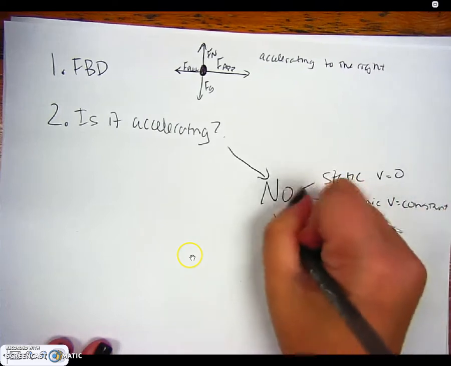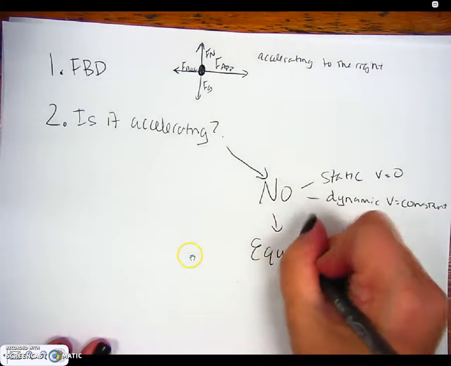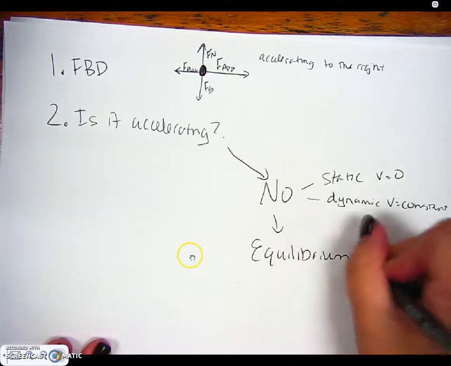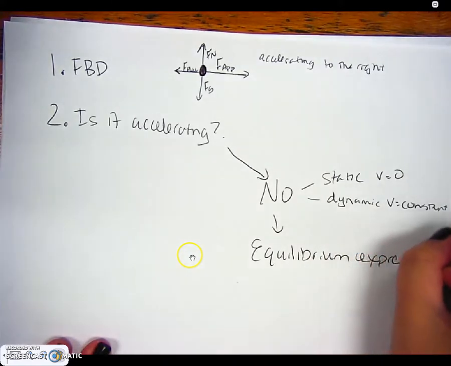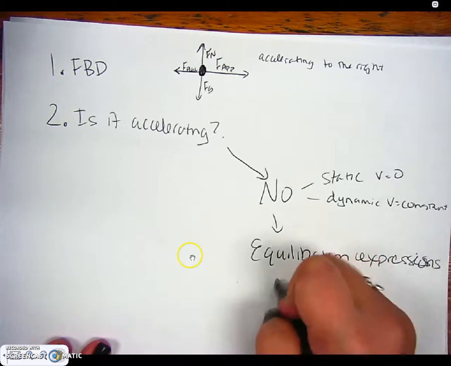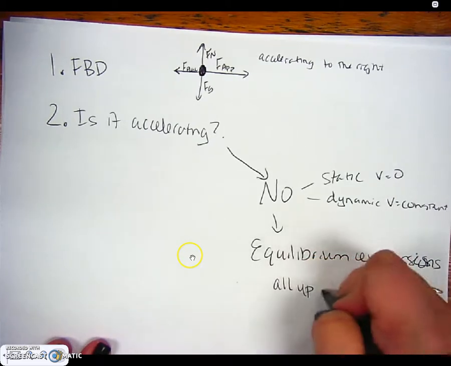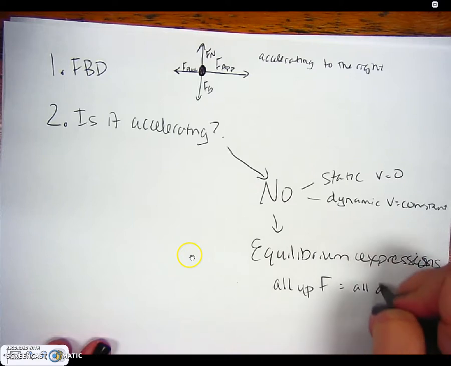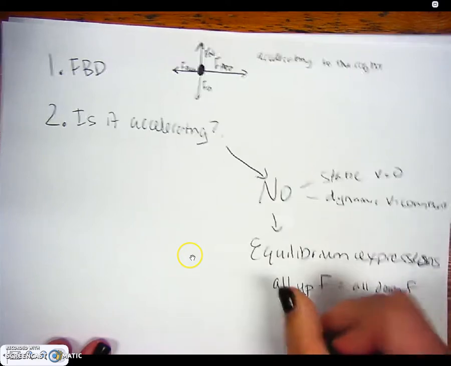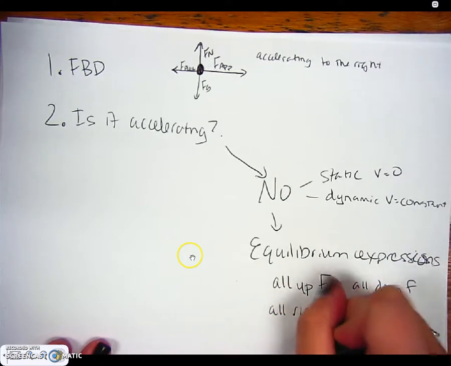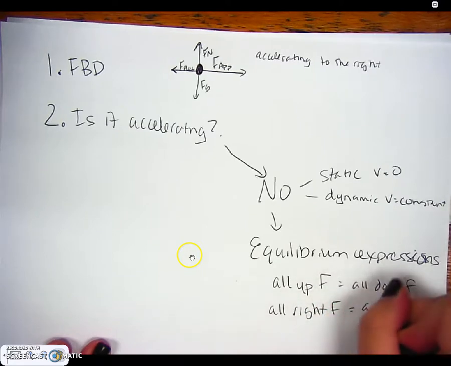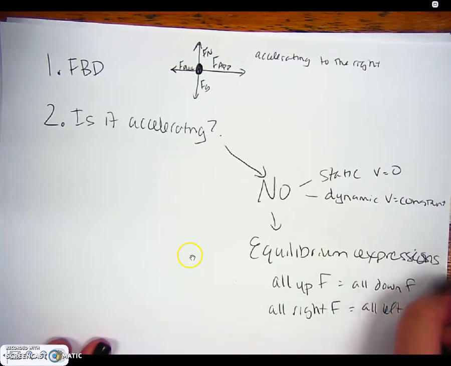If that is the case, then we write equilibrium expressions to solve the problem, which just means all up forces equal all down forces, or all right forces equal all left forces.